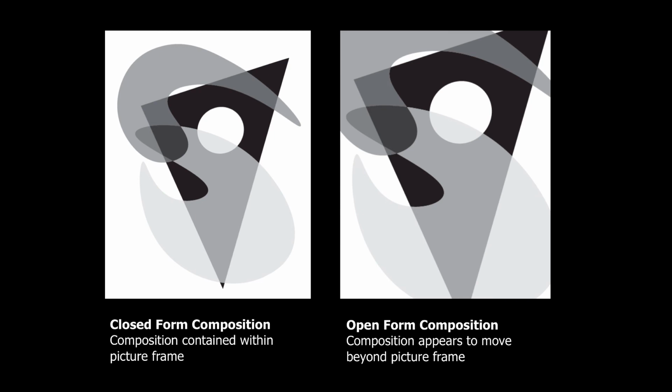It's very enclosed, and there's a little bit of negative space around it. What I did to create open form composition on the right is just to crop it, and you can see that the picture frame cuts off the bottom and edges of the different shapes, and it creates the sense that the composition goes beyond the picture frame. So that's open form composition.